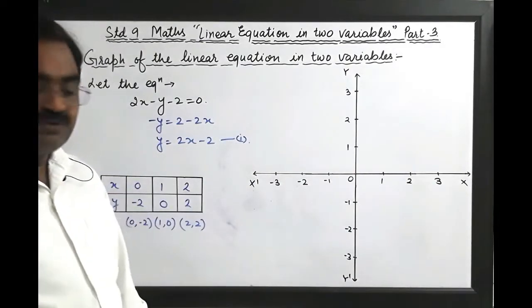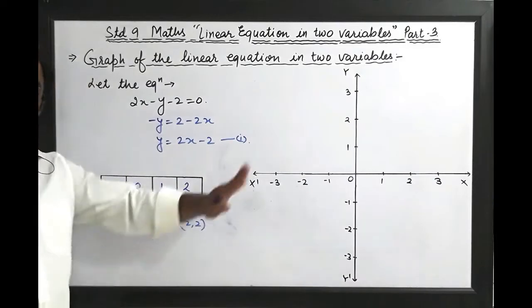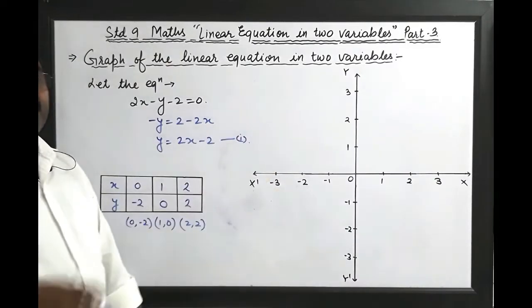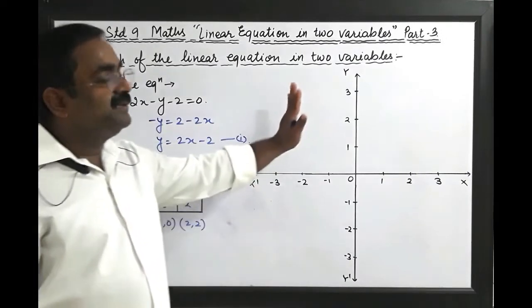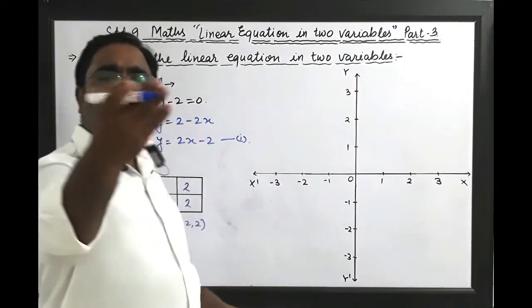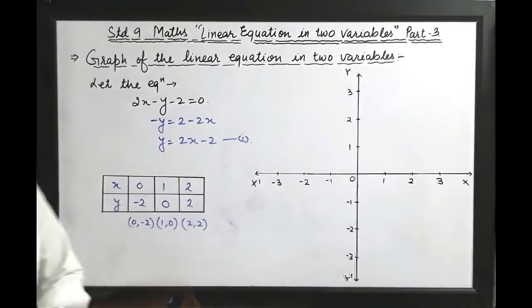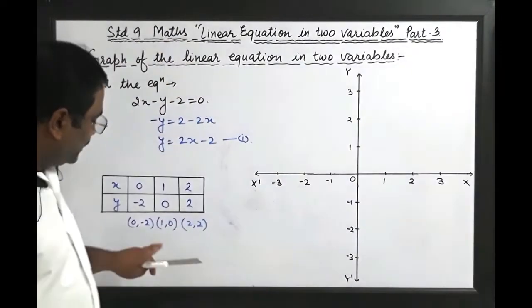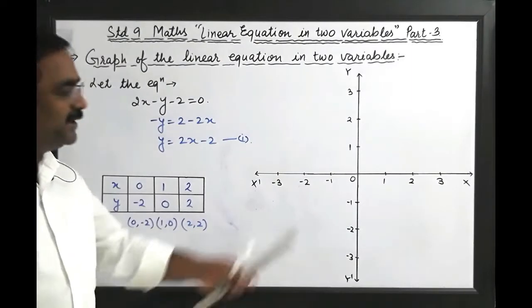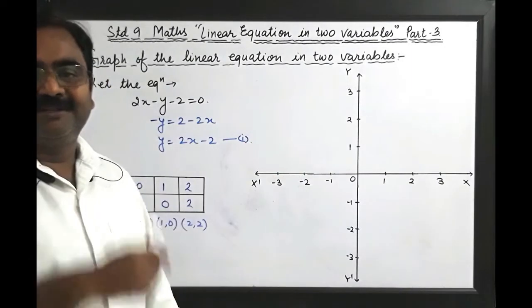Okay children, so let us plot these three points in our Cartesian system and see what will happen.